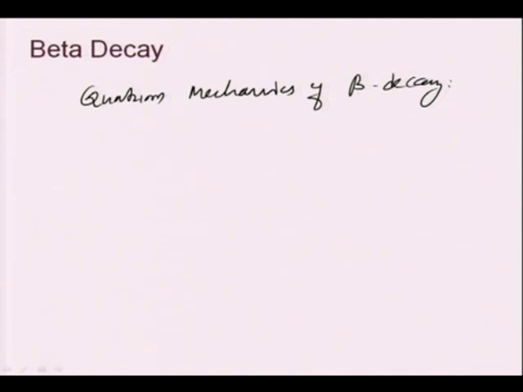We encounter a new weak force, completely different from the strong nuclear force, that is needed to explain the beta decay. We will come to that when we discuss the particle physics. For the time being, we will just mention the theory proposed by Enrico Fermi. So, the Fermi theory of beta decay.